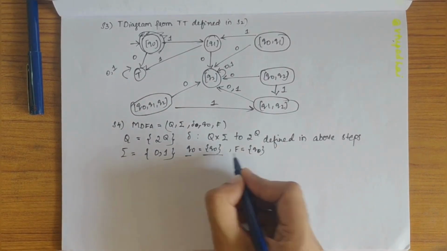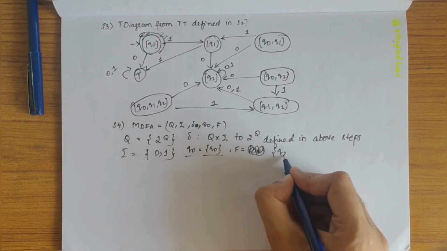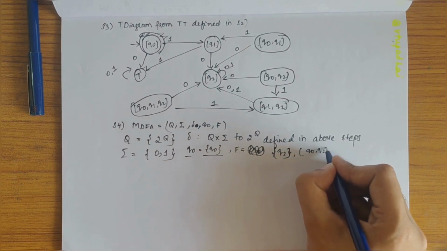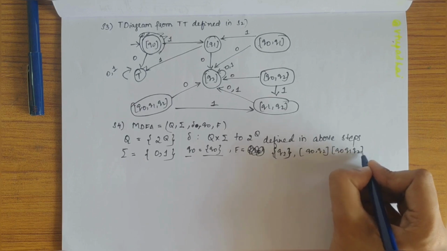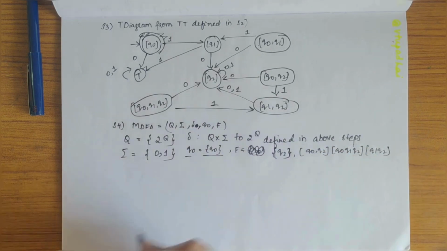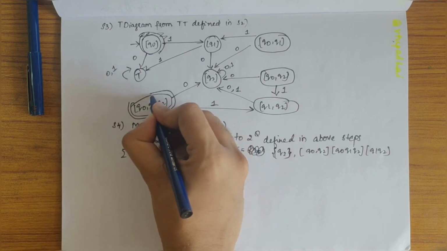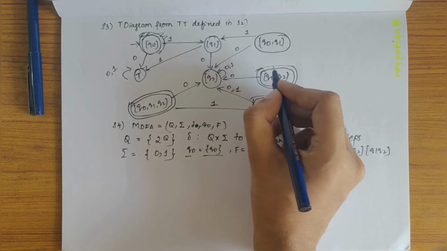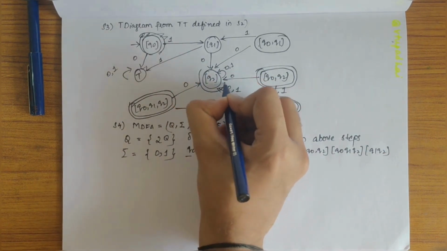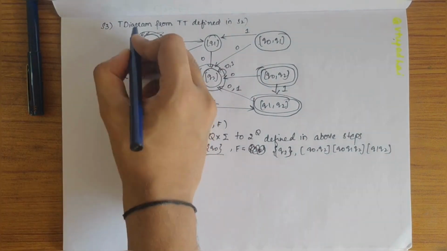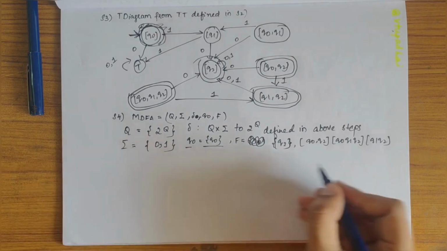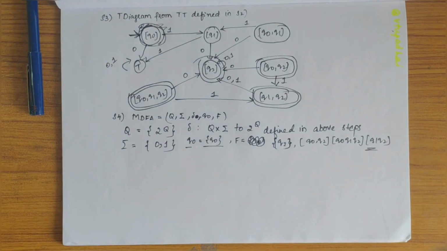Then we have the initial state as q0 and the final states comprise q2, followed by q0 q2, q0 q1 q2 and q1 q2. And q0 being the start state. So we have completed drawing the transition table, drawing the transition diagram and defining the DFA.